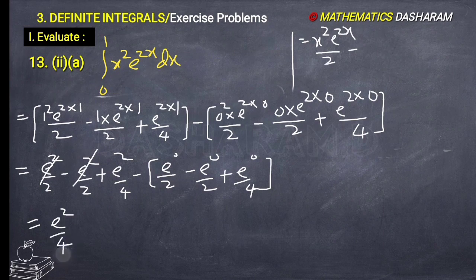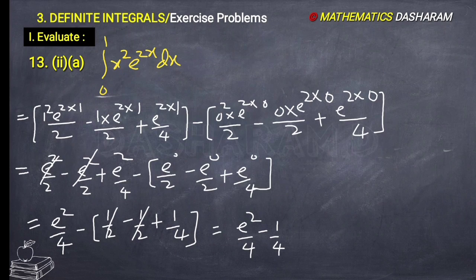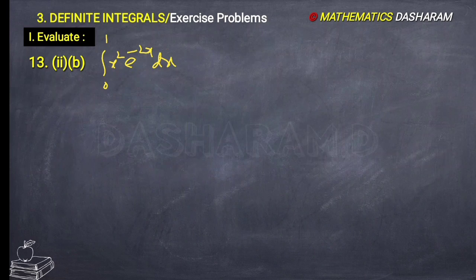E square by 4 minus e to the power of 0, 1 by 4, 1 by 2 minus 1 by 2 cancel. E square by 4 minus 1 by 4. So here we can take the 1 by 4 common, e square minus 1. This is our required answer.